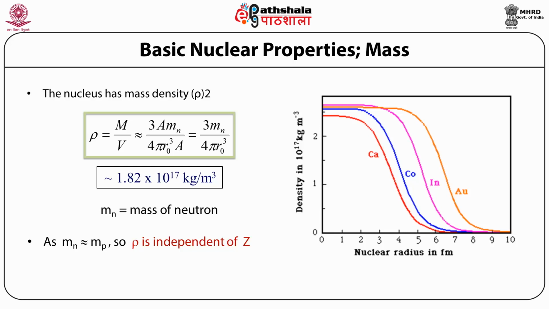We find that up to a certain region near the center the mass density is uniform or constant, but after that the mass density falls off gradually towards the edges of the nucleus.